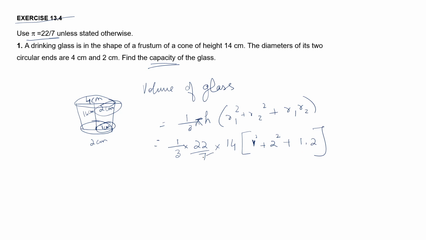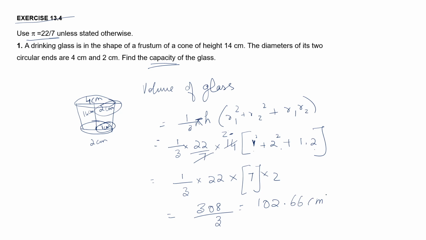You can cancel this. Now 1 by 3 into 22 into, 1 plus 4 is 5, plus 2 is 7, and one more 2 here. So you will get 308 by 3, which is equal to 102.66 centimeter cube.